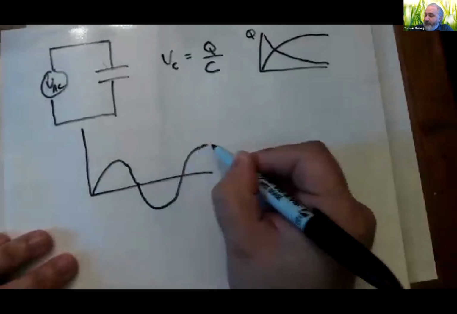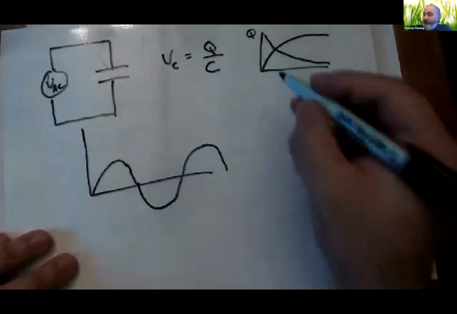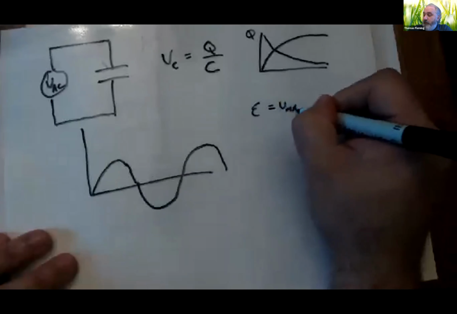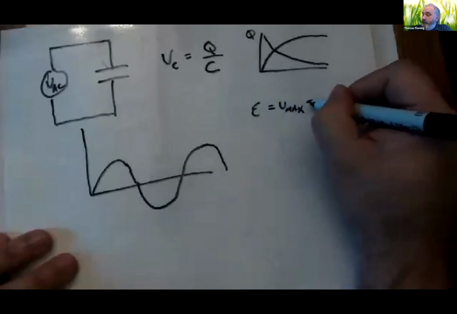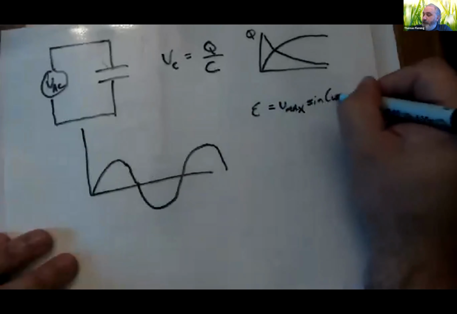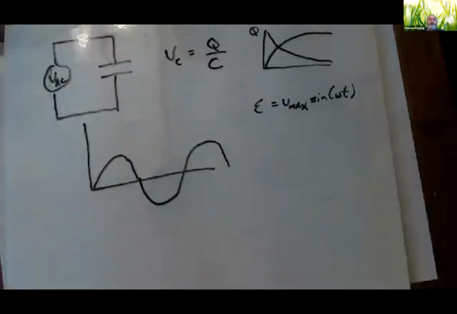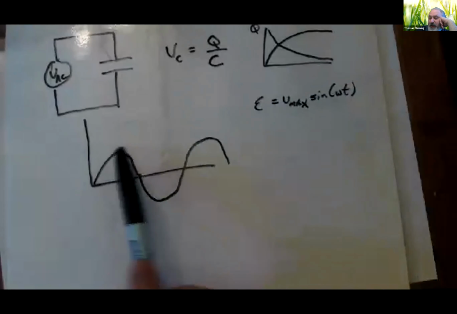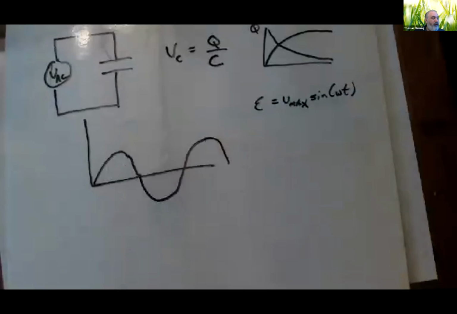It looks like a happy sine wave, so the EMF is going to be something like V max sine omega t. If I'm looking at the current in the circuit, it's not going to line up. The peaks are not going to line up with the peaks of the voltage. The current is going to end up shifted a little one way or the other.